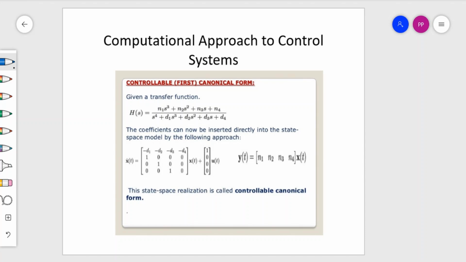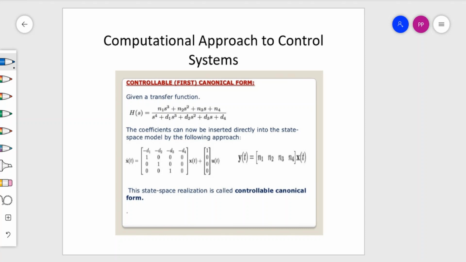Below is a matrix which is the coefficient of the state vector x. We will learn the state vector in detail in this course. So we have x dot equal to some matrix multiplied by x plus some matrix multiplied by u. Then on the right you will see y is equal to some matrix multiplied by the state vector x.